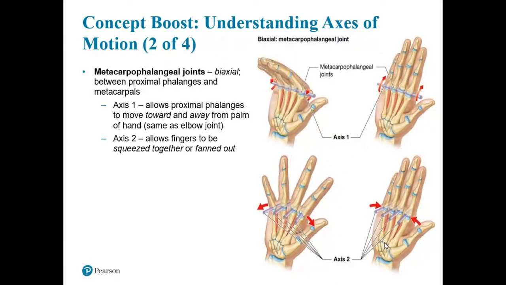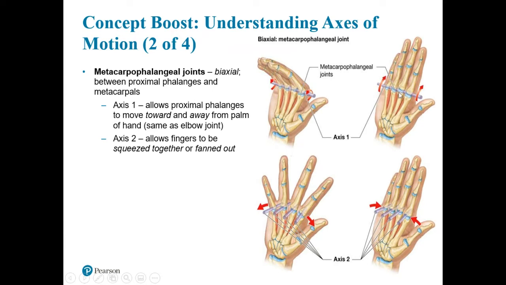Then we have a biaxial type of synovial joint. The specific type here occurs in the metacarpophalangeal joint. So here are the metacarpal bones, 1, 2, 3, 4, 5, and these are the phalanges here. Phalanges are digits, and metacarpals are the bones connecting the wrist to the digits. So here's the joint, and this is the axis. This particular type is going to allow 2 types of movement.